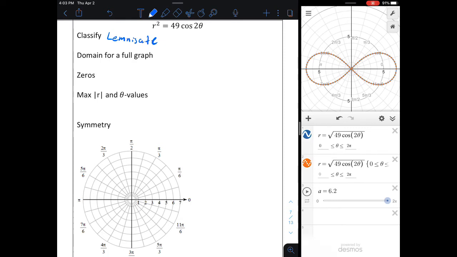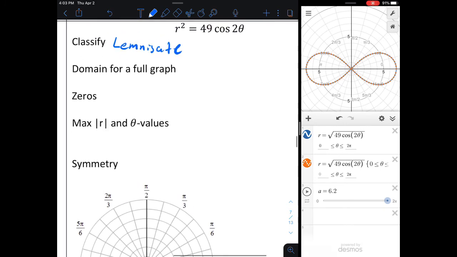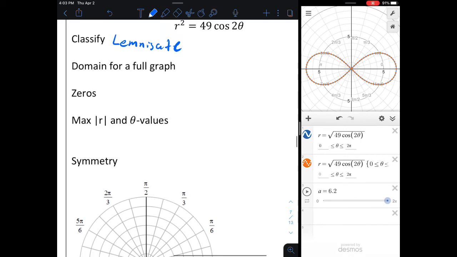Well, before we get into our domain, something that's going to help us is, let's start by trying to find the zeros of this. So we try to figure out where it is that r is going to equal 0. Well, r is going to equal 0 on this graph when cosine of 2 times theta is equal to 0. And we go to our unit circle and we think, all right, well, what theta values will cosine equal 0 at when I double them?